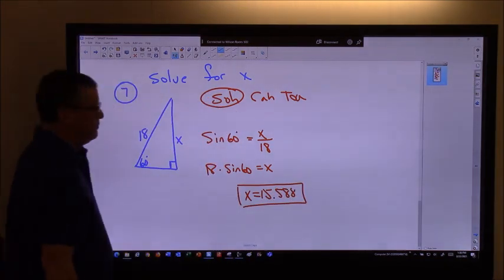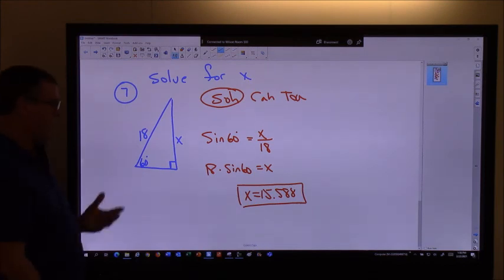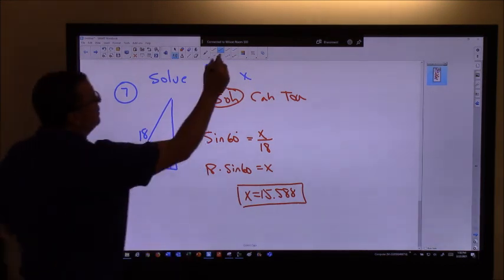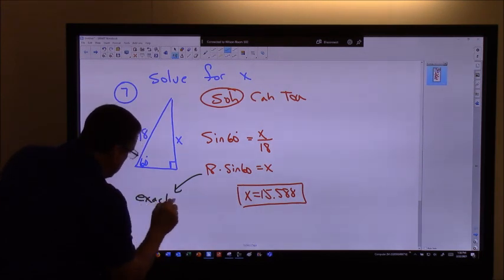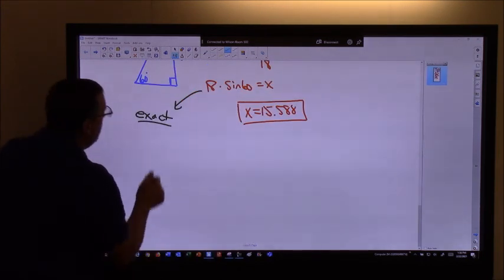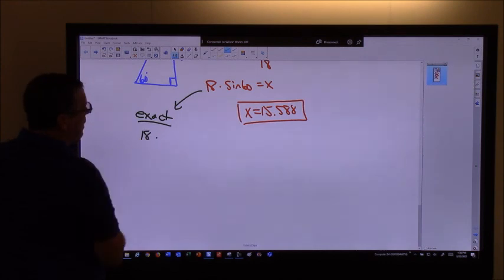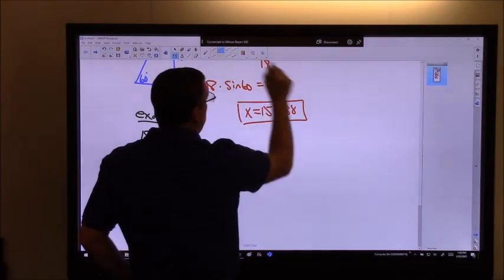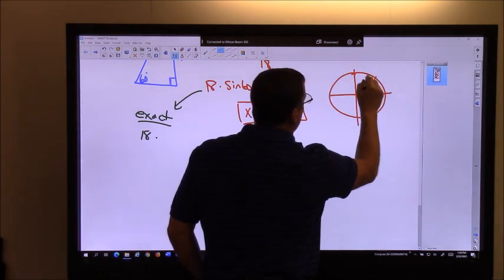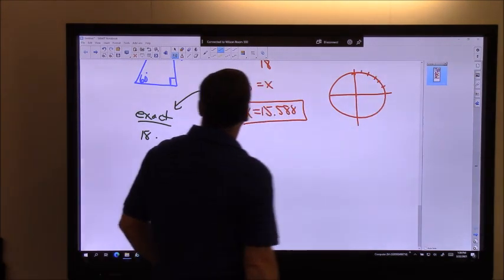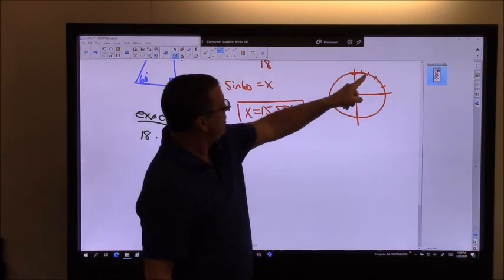But if they ask me to find an exact answer, well, then I'd have to go 18 times, I picture my unit circle here. 60 degrees is right up here.